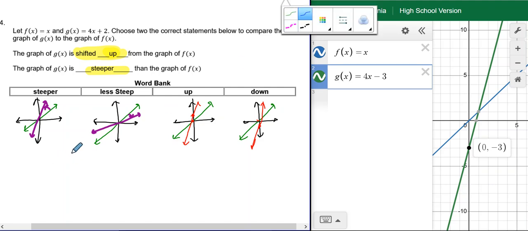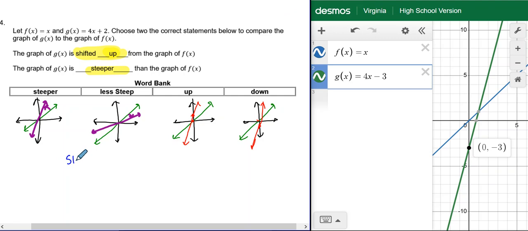Okay, so for steeper and less steep, we look at the m, or the slope. For it moving up and down, we look at the y-intercept. Okay, so these are two different things we're looking at. Even though these two work together to give you the line, the process of finding and analyzing, they are completely two different things that we need to look at separately.